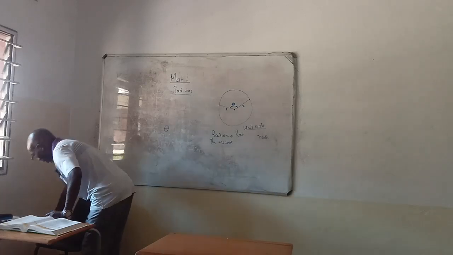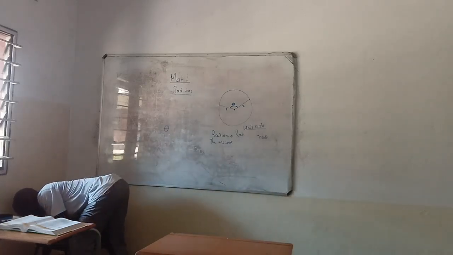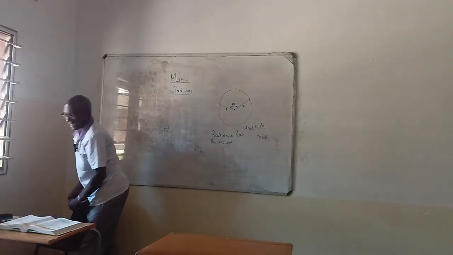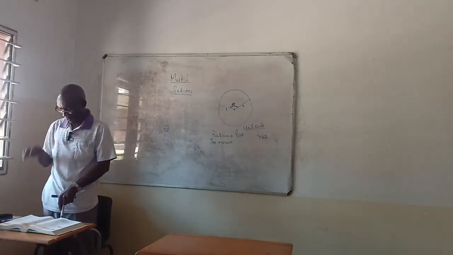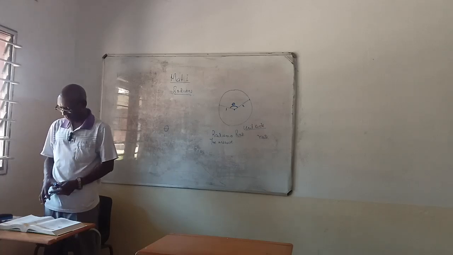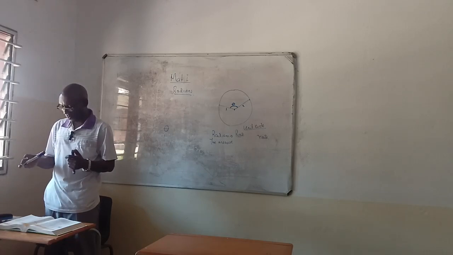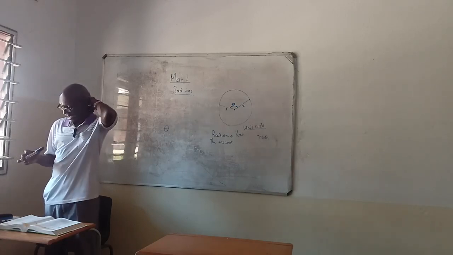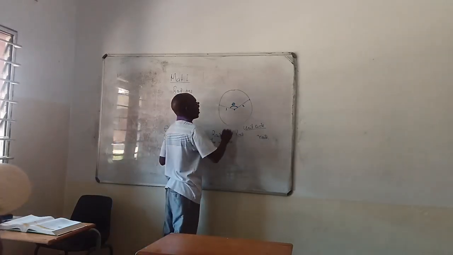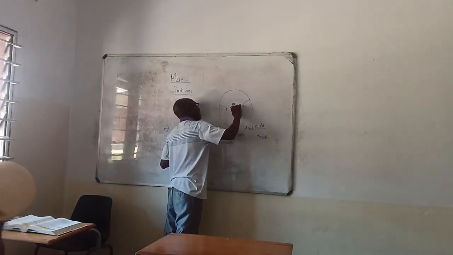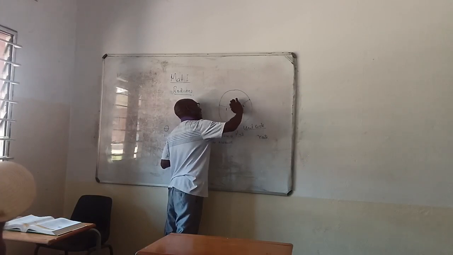This is provided that the circle has radius 1. In other words, that is a unit circle. So the length of the subtended portion of that circle of units is defined to be the radian measure. When we talk about the radian measure, we are looking at the angle.